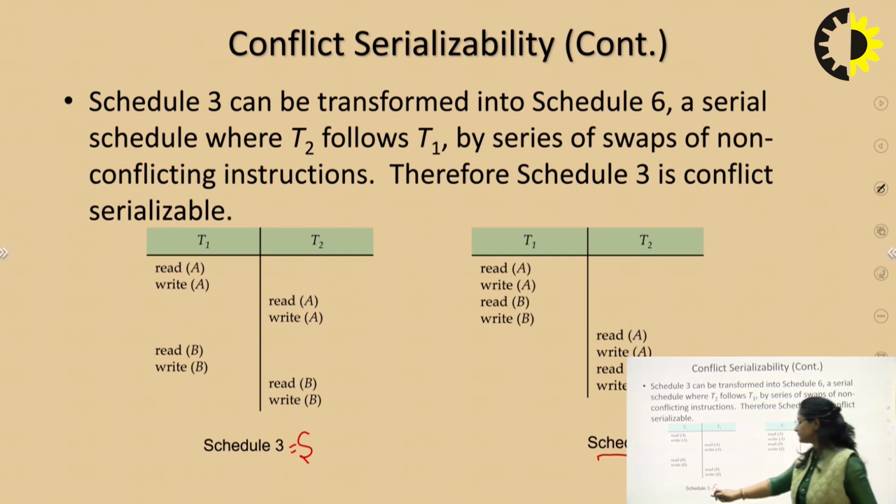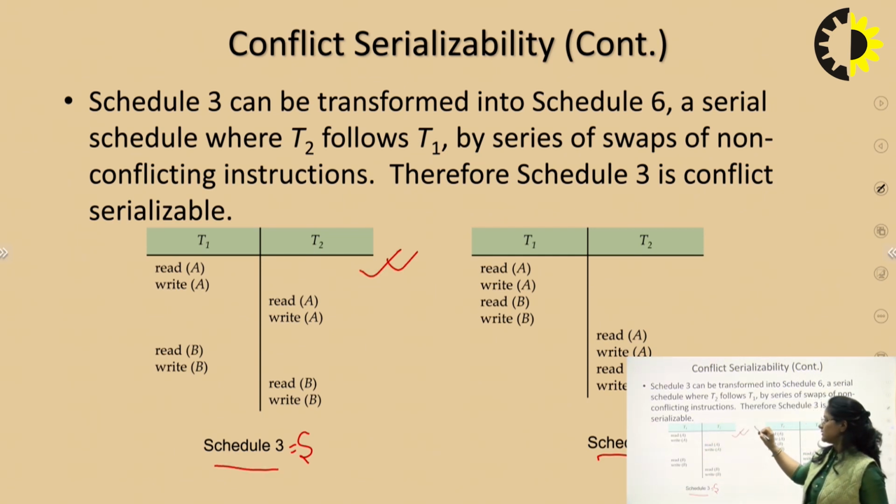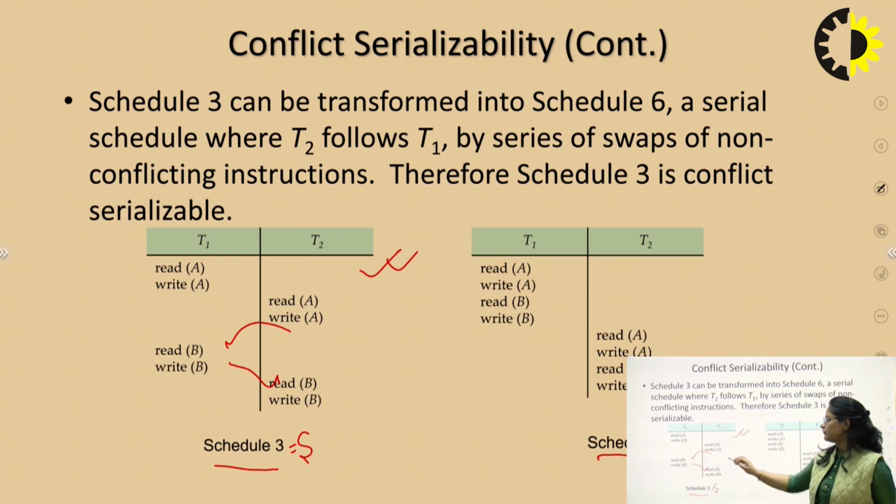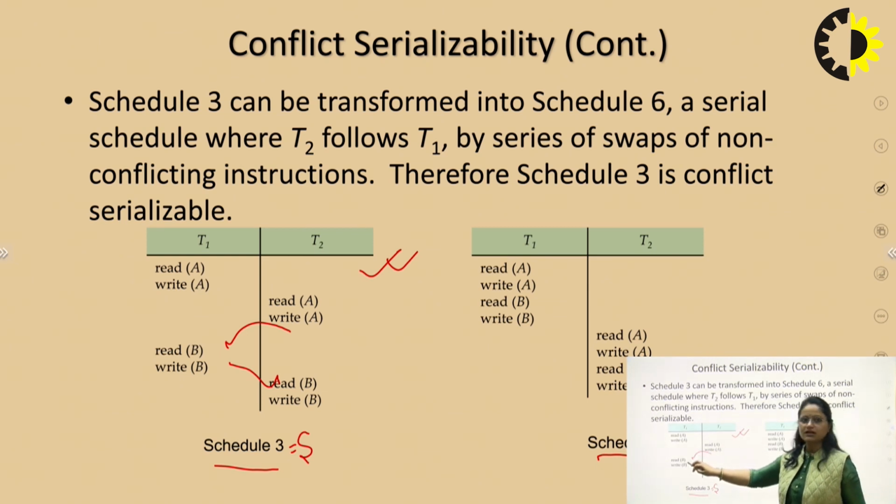right? This is the transaction where we are swapping from one transaction to another, and again from here to here, and again from here. It means interleaving is allowed here. We can see that before the completion of one, T2 started. Before the completion of T2, again T1 started.